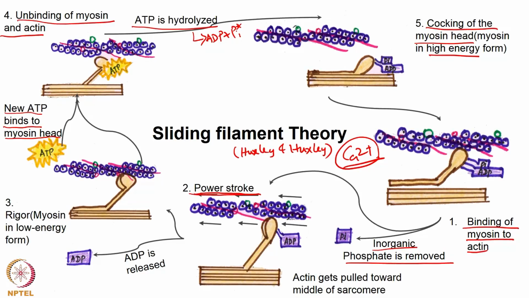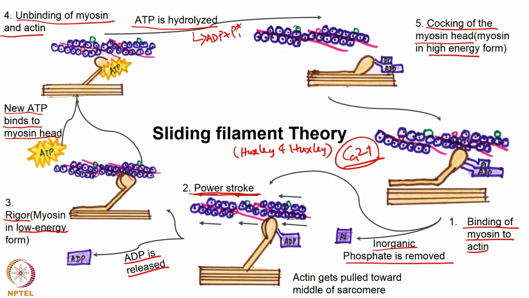After the power stroke, ADP is released, then myosin goes to a low energy state. Because there is no more ATP, myosin is attached to actin in a relatively low energy state. This is called rigor.